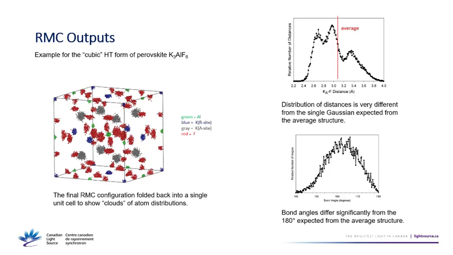You can also get bond angle distributions. From the average structure, we'd expect the bond angles to peak at 180 degrees, but actually they're peaking around 165 because these fluorines are displaced so far away. This is the kind of detailed information you can get from the configuration, basically pulling out statistics from all the atoms here.